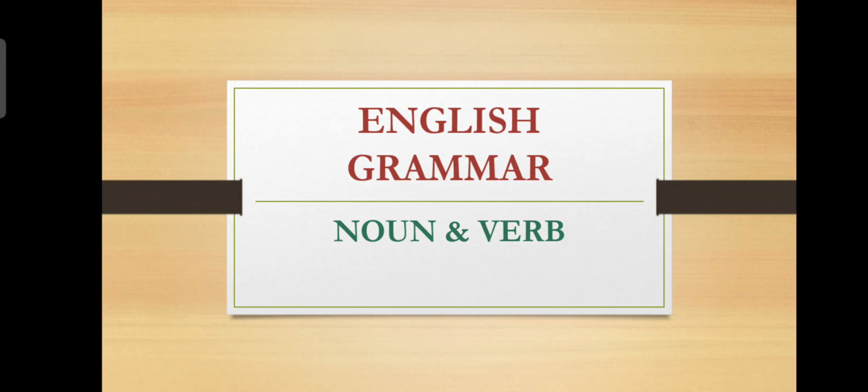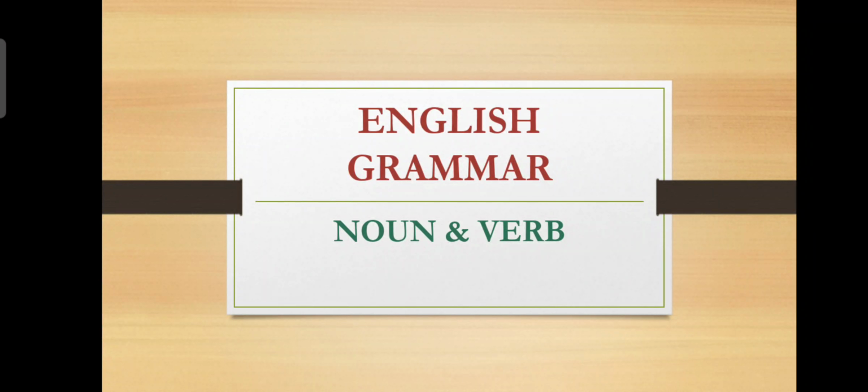So in this lesson, in this topic, we are going to discuss how one particular word is used as a noun and also as a verb. Yes, this is what we are going to discuss in today's lesson.